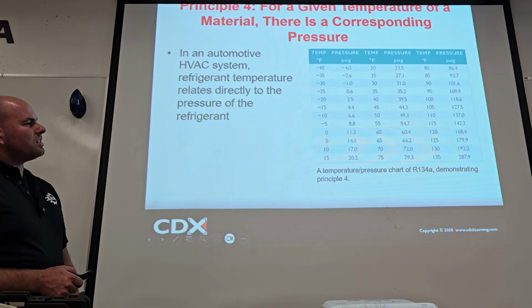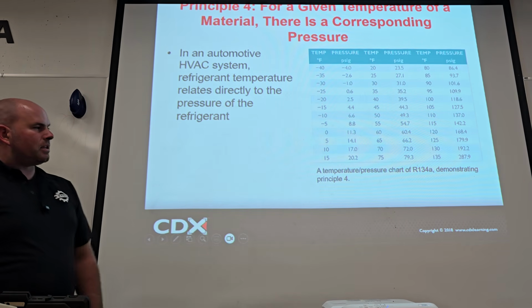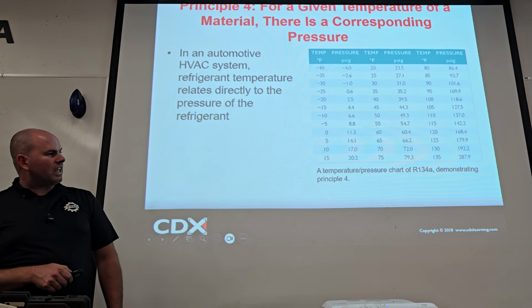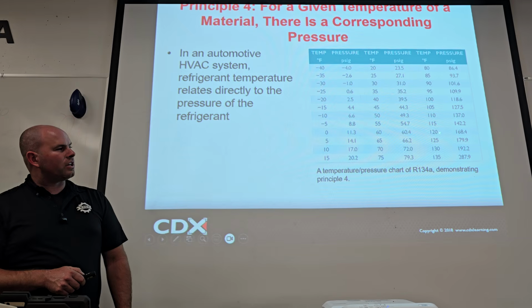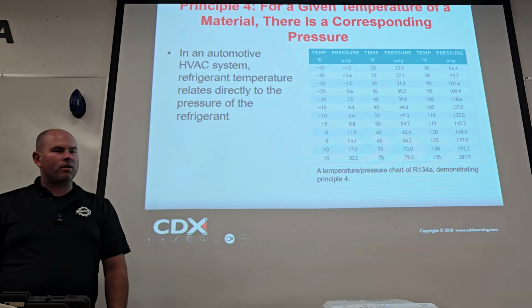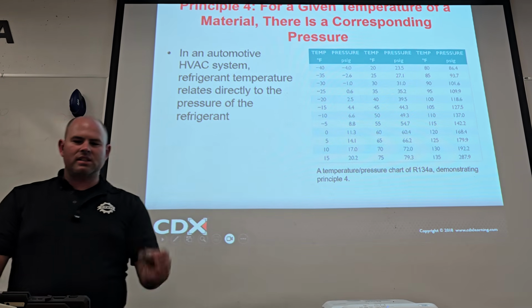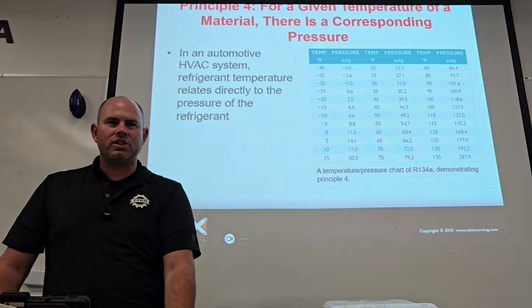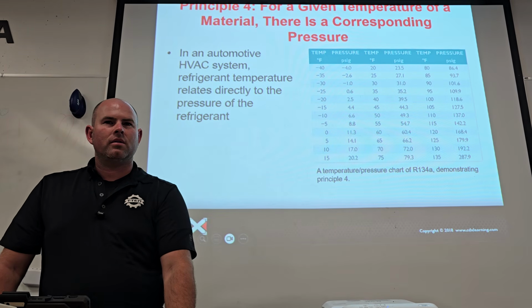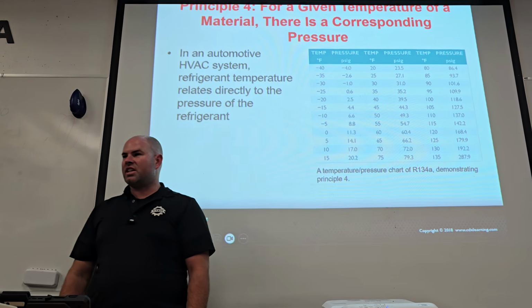If it was 60 degrees Fahrenheit, it'd be 60 psi. If it was 120 degrees Fahrenheit, it'd be 168.4 psi. That's the same refrigerant, but its pressure is changing. Why is its pressure changing? Because its temperature is changing.